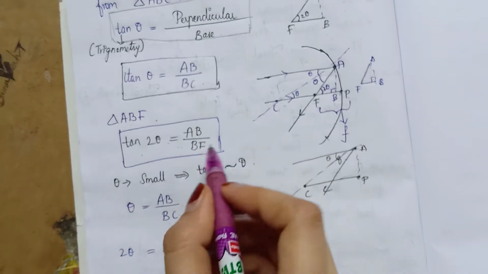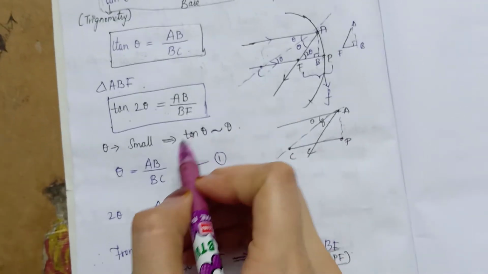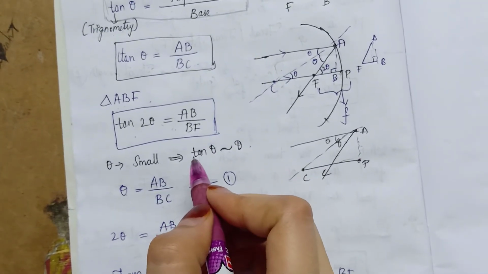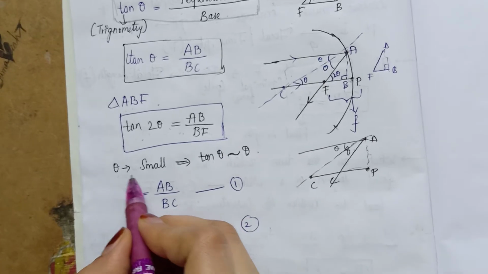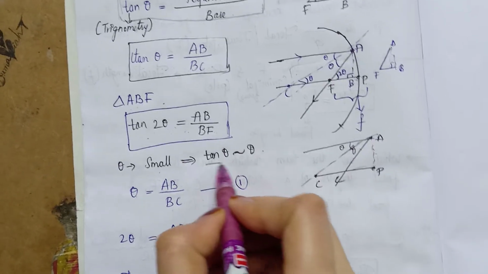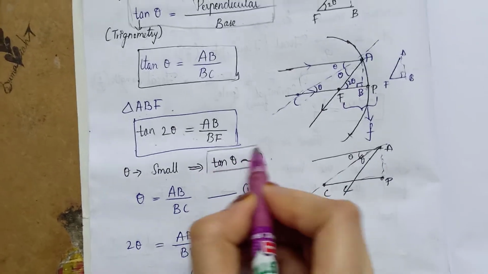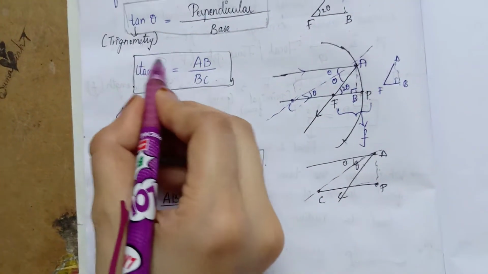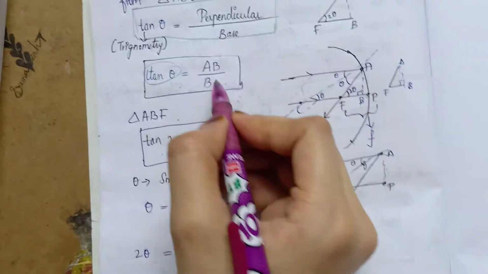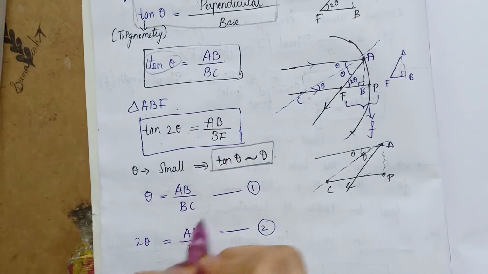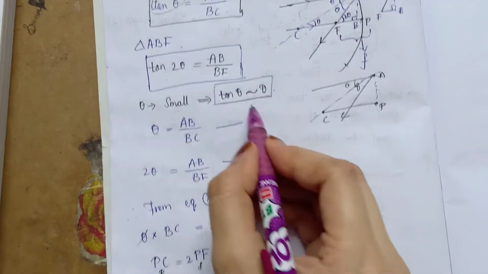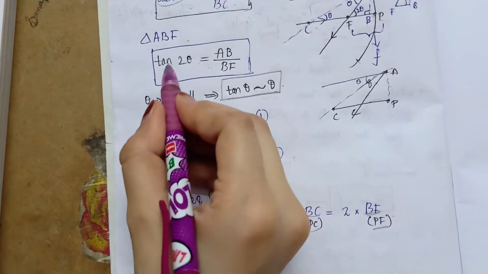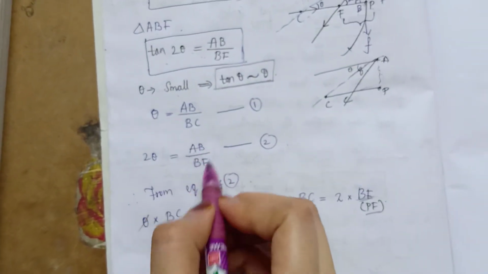So tan 2 theta is equal to AB by BF. As you all know, theta was so small, which means tan theta is equal to theta. So in place of tan theta, we will write theta, and theta is equal to AB by BC. This is our first equation. And from tan 2 theta, we will remove tan, and 2 theta is equal to AB by BF.